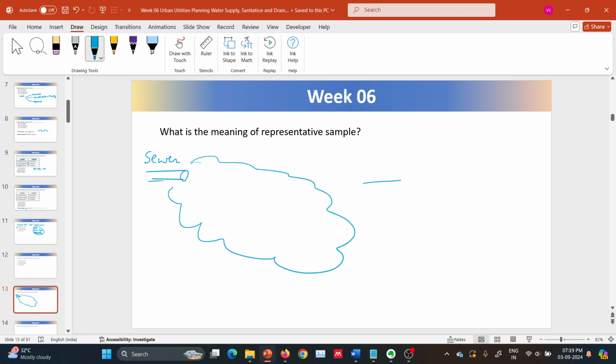This is the lake. This is the influence due to sewage pollution.